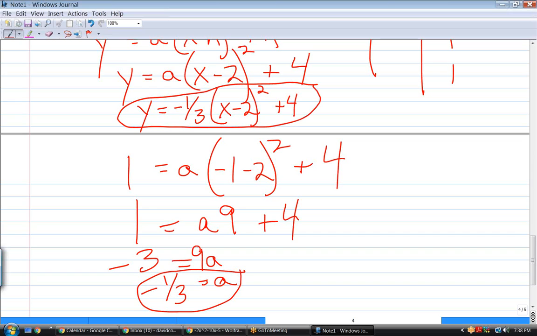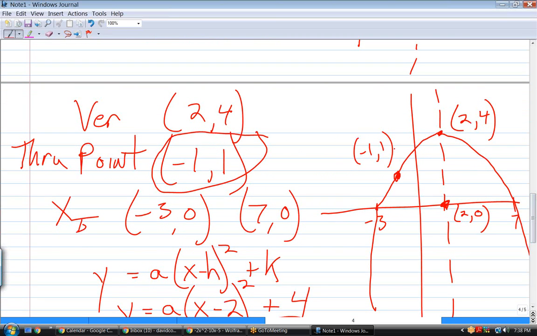Remember, your answer always has an X and a Y in it, and your goal is to solve for A, basically. And you do it with the information they gave you that it goes through that point. In other words, by giving us the vertex, we were able to figure out what H and K are. When you first look at this equation, there's 5 unknowns.